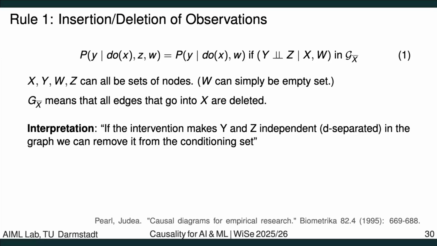Yes, and I think this is quite an easy to understand rule. Basically, what it tells us is under which conditions, if we have such an expression, we can delete observations, which basically means, if this intervention do X makes Y and Z independent in the intervened graph, then we can simply remove it from our equation.